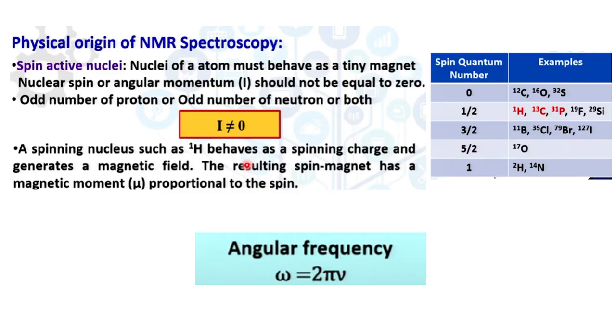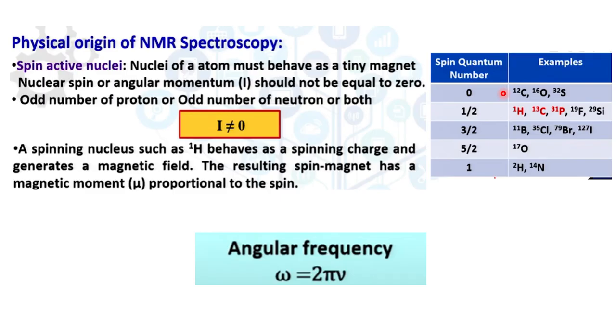For example, a spinning nucleus, such as a proton, behaves as a spinning charge and generates a magnetic field. The resulting spin magnet has a magnetic moment that is proportional to the spin, and that is expressed as omega equal to twice pi mu, which is the angular frequency.